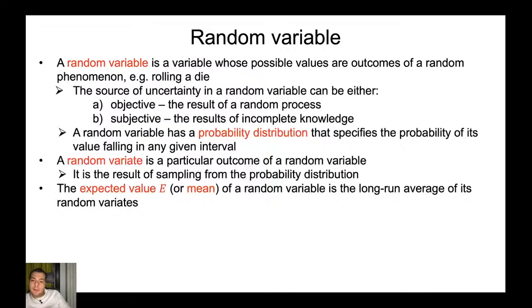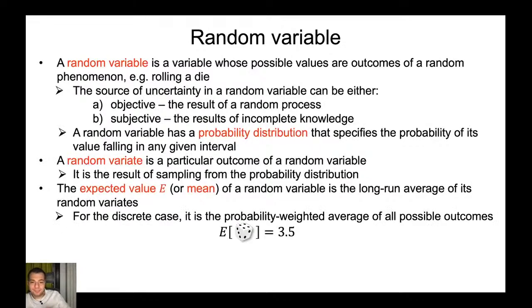Okay, then we have the expected value, or the mean, of a random variable. This is the long run average of its random variates. In the discrete case, it is the probability weighted average of all the possible outcomes. For example, for a rolling die, we have 6 possible values from 1 to 6.